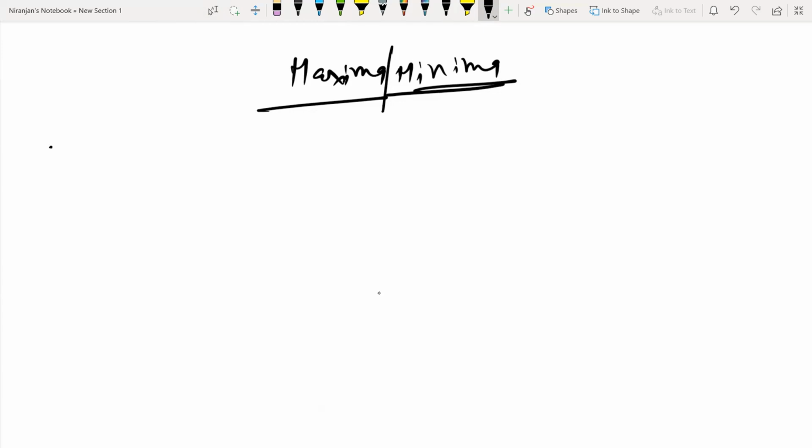Let me start with maxima and minima. What is the general process, guys? I'm just doing a short recap. We will do it in detail. If you have a function, you find its derivative and equate it to 0.